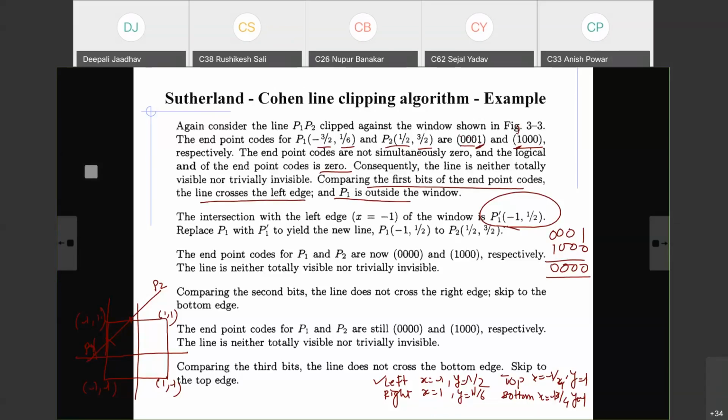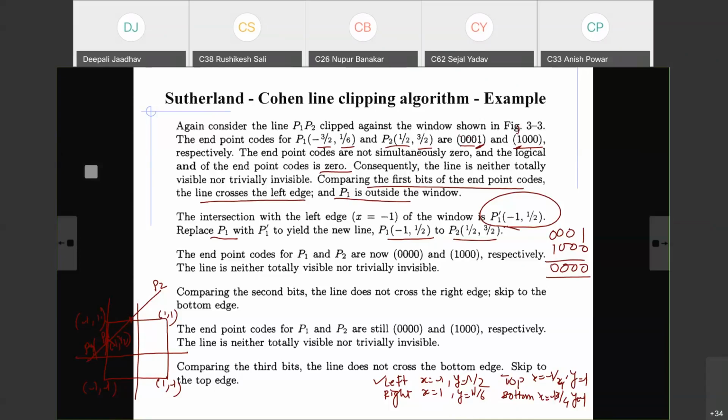So replace P1 with this new intersection. So what is our P1? Minus 1, 1 half. That is our new P1. Here P2 remains as it is: 1 by 2, 3 by 2.